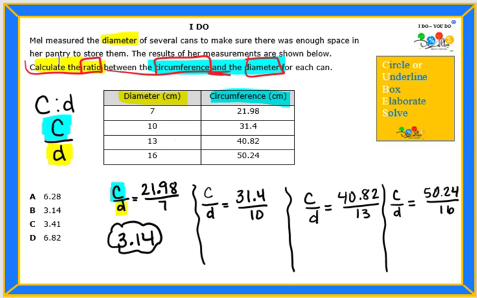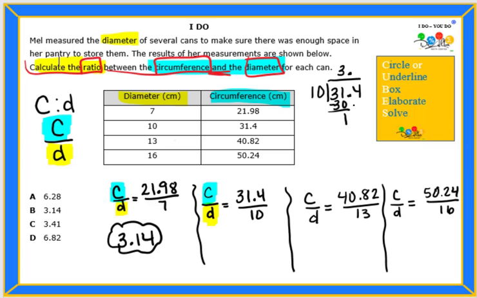Okay, for our second circle, we have a circumference of 31.4 and a diameter of 10. Once again, we are going to divide the circumference, 31.4, by the diameter of 10. So our decimal needs to come up to the quotient line. 10 goes into 31 3 times. That's 10 times 3 is 30.